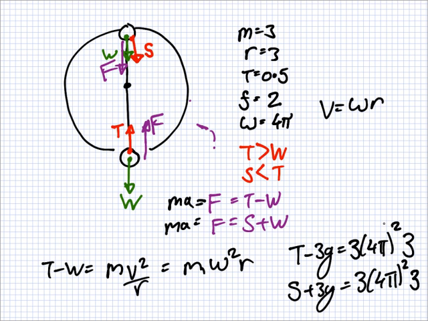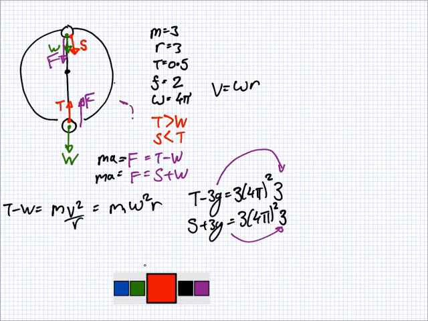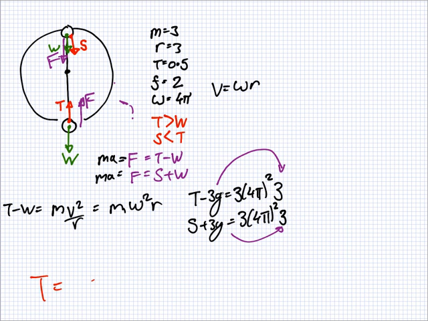So, do we have enough information here to get T and S? We do. What should I do here? I should add these together. Actually, no, I don't even need to do that. Sorry, what am I saying? I just need to bring this over to the right and that 3g over to the right. So now I have my answers. So the T is, what's that? 4 squared is 16. 16 times 9, is it 151?